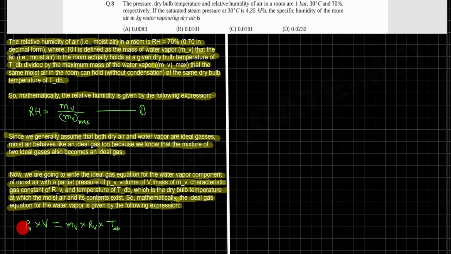So we have the ideal gas equation, which is applied to the water vapor, which is the component of the moisture in a room.